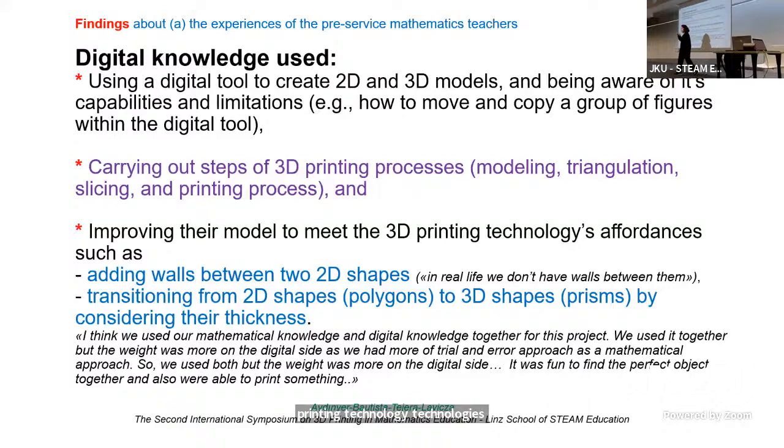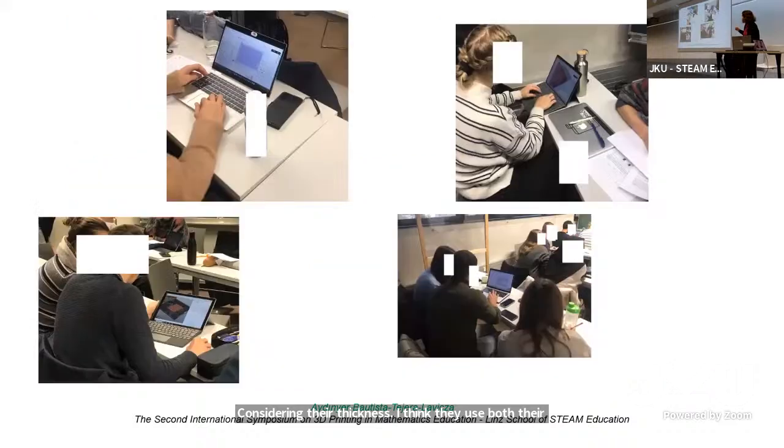It was a two-dimensional model, and in order to get a 3D print, they needed to add walls between two shapes, and they needed to switch from 2D shapes to 3D shapes, considering their thickness. I think they used both their mathematical knowledge and digital knowledge together.